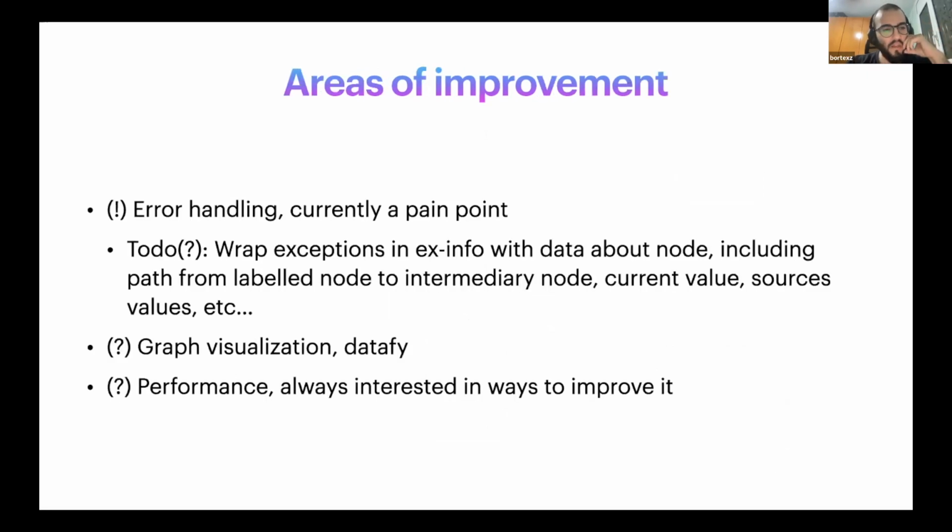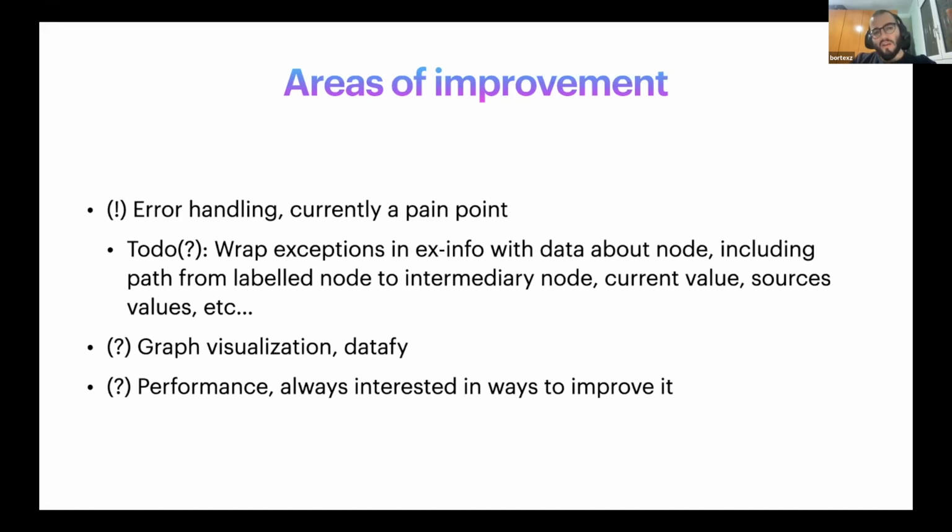So, okay, a bit of areas of improvement that I think are worth looking at. The error handling is currently a bit of a pain point because if it throws an exception, you don't know which node threw the exception. You just have an exception there.